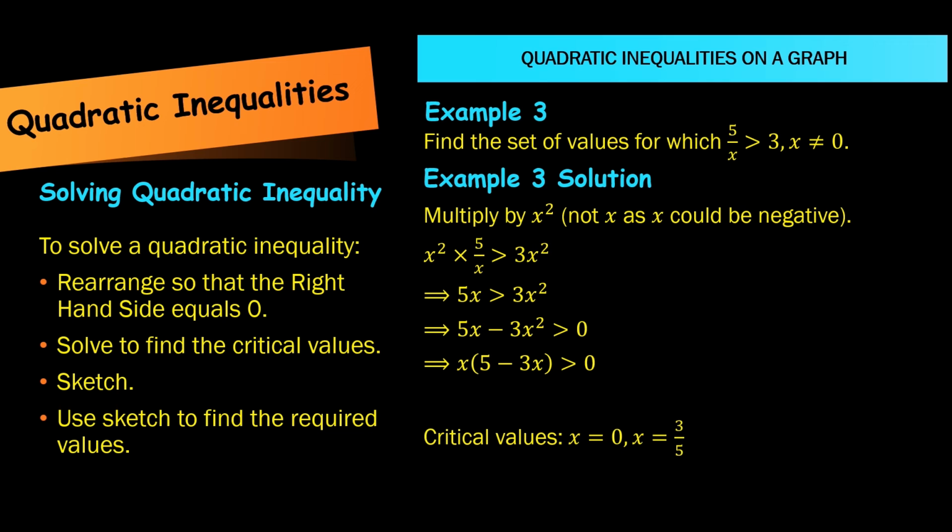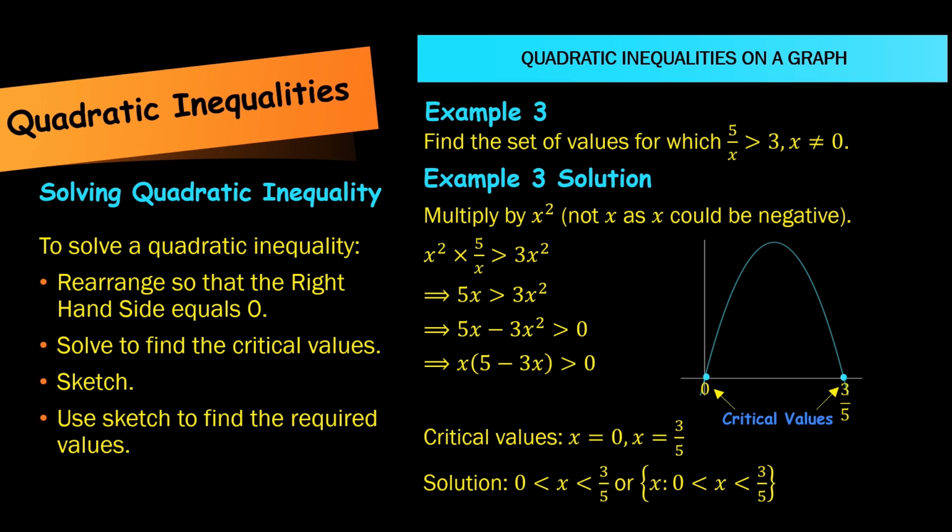And therefore we have the critical values, which are x equals 0 and x equals 3 over 5. So let's plot these. Now the solution, or the region where 5 over x is greater than 3, is the region in between these two critical values, or the set of x values such that 0 is less than x is less than 3 over 5.